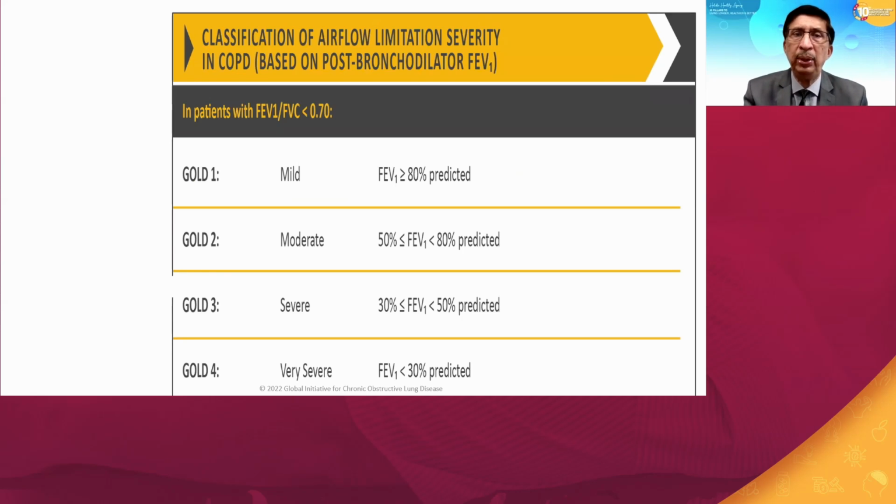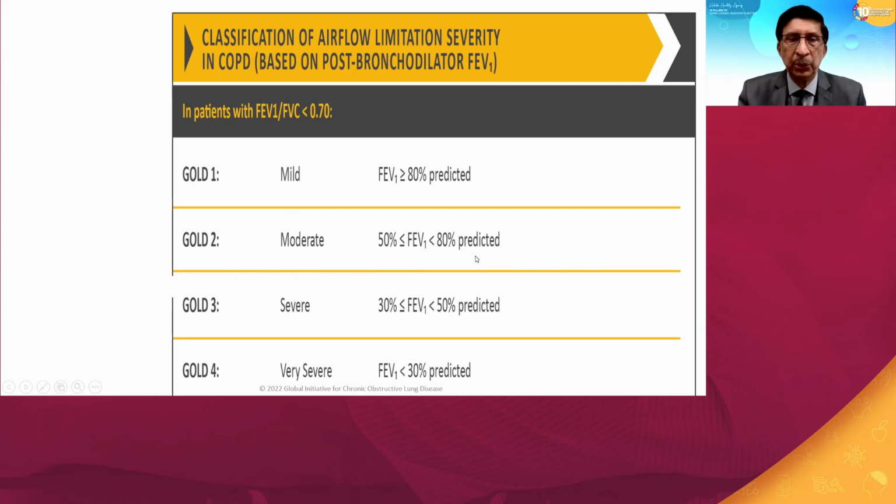So immediately we can classify, depending on the airflow limitation, all patients who have a ratio below 0.7 after a post-bronchodilator challenge. If the FEV1 is above 80%, straight away we can make the diagnosis that this is mild, GOLD stage 1.